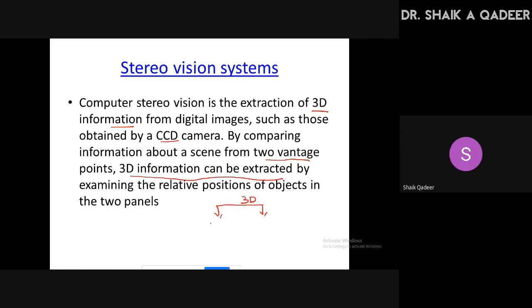This can be obtained from CCD camera 1, CCD camera 2, plus signal processing. These two cameras' information is supplied to signal processing to extract the 3D information. So this much is enough for robotic vision. Hope you all understand.